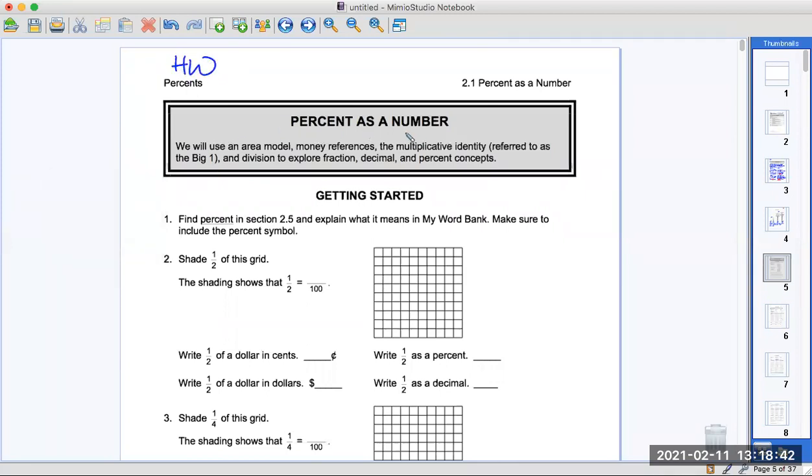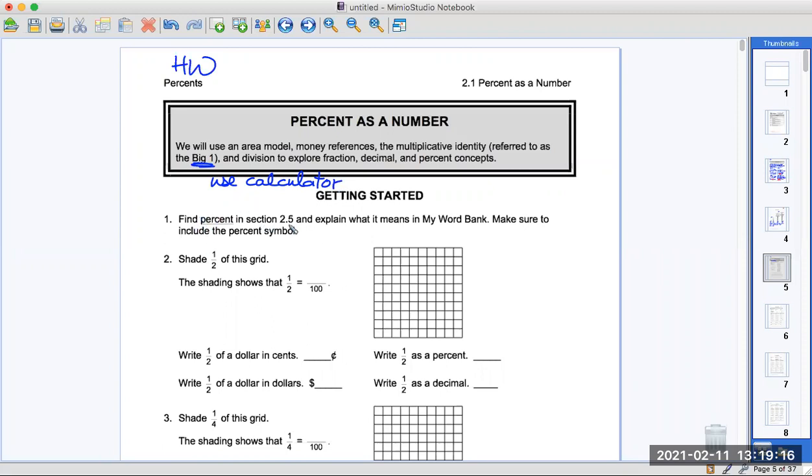So percent as a number. We will use an area model. This is an area model. Money references, the multiplicative identity, referred to as the big one. Remember the big one from fractions, and division to explore fraction, decimal, and percent concepts. Use a calculator. You're going to need one. In one question, it says no calculator, but mostly we will use a calculator, okay?